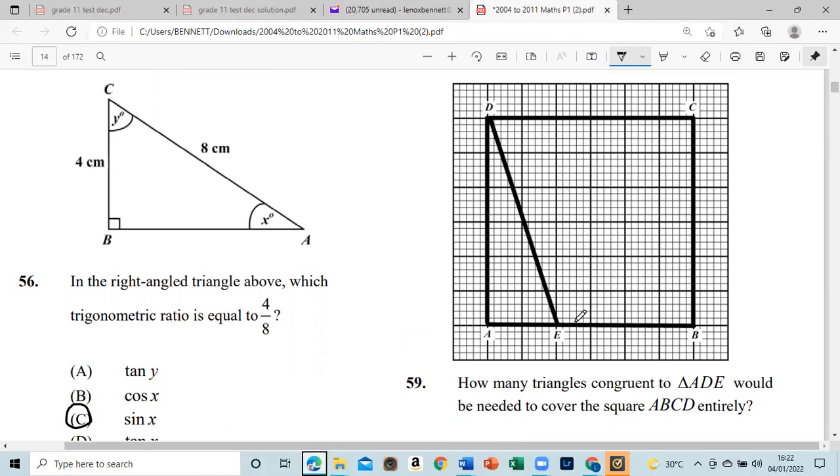Try to draw it. I have to draw one up and one down.